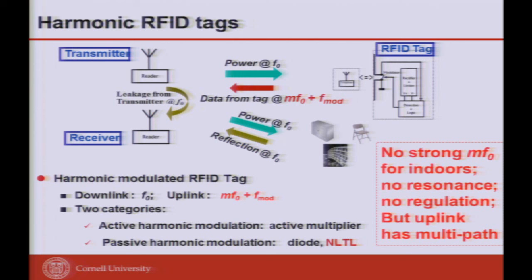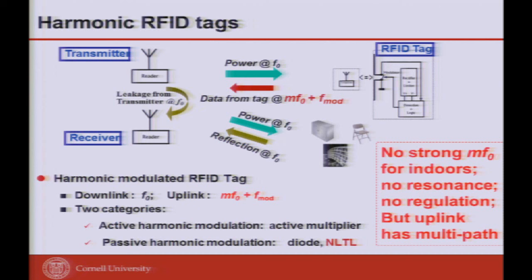So you can just choose the fundamental that fits the FCC. The backscatter actually doesn't matter, there are no regulations. The uplink still has multipath, right? I reflected this, and only on the uplink reflection do I have multipath. I didn't eliminate all the multipath, but many of the multipaths have been eliminated.